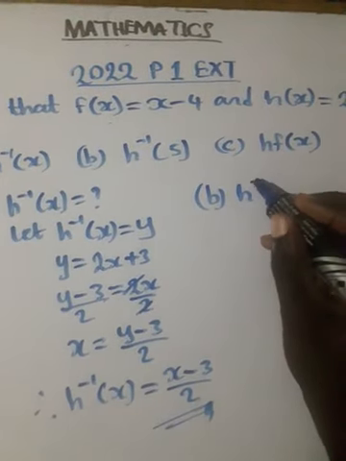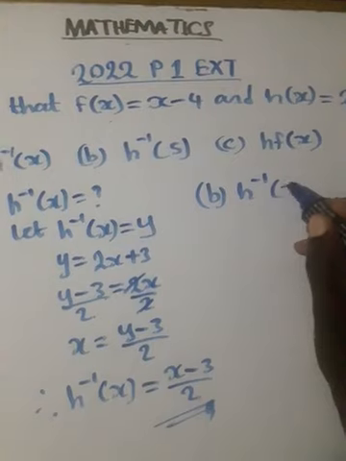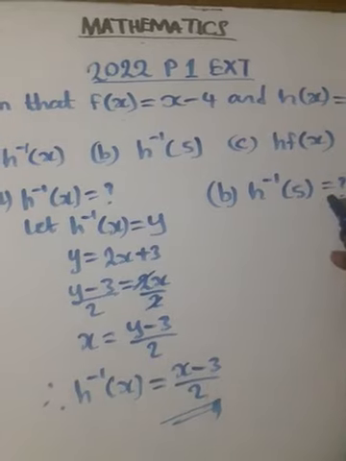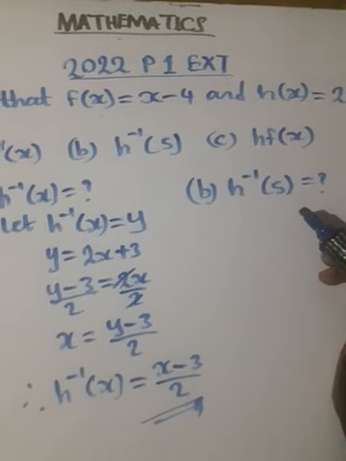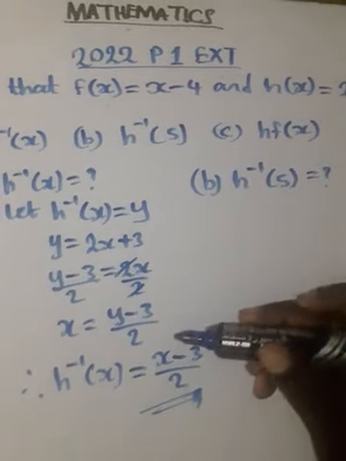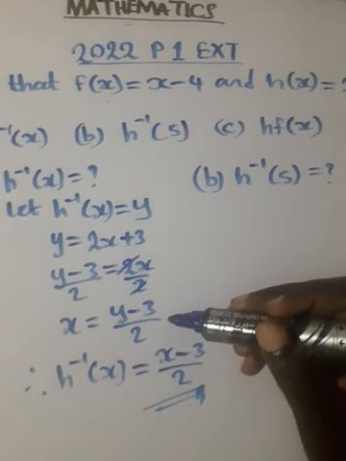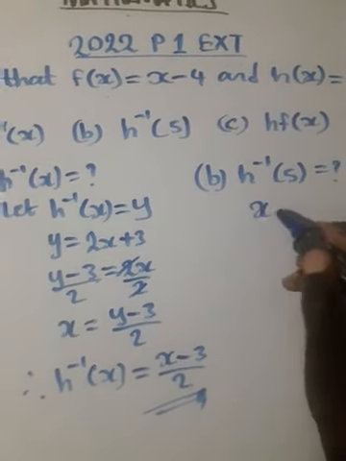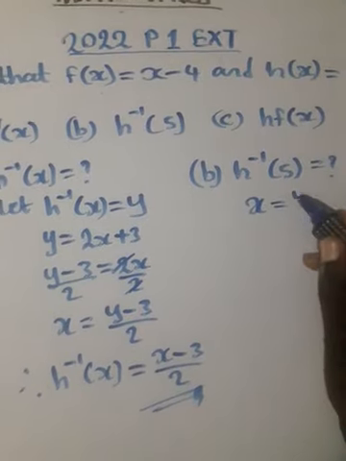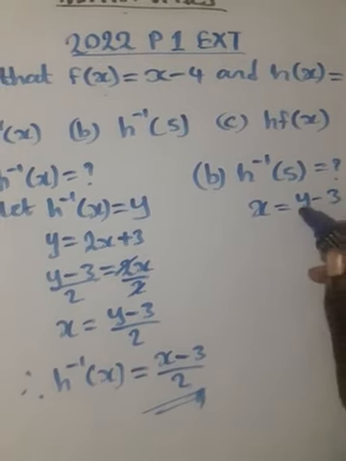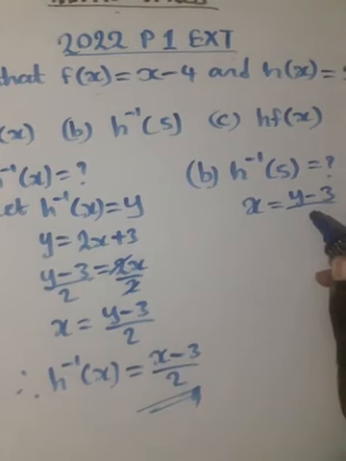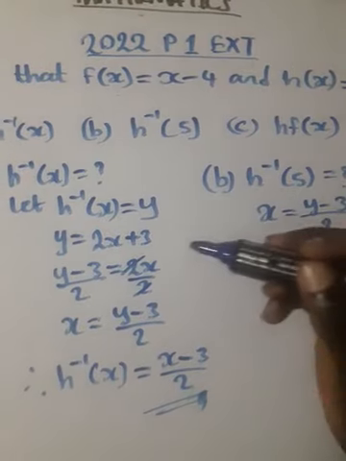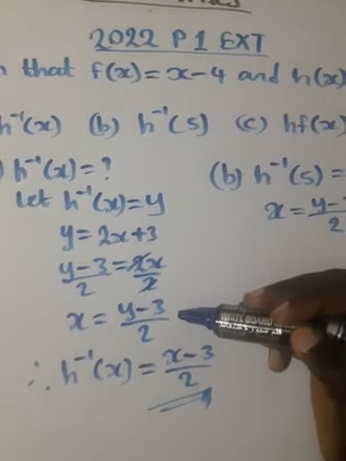H inverse of 5. So for h inverse of 5, for simplicity's sake, we are going to pick this stage, which is x equal to y minus 3 over 2, because we have to pass through the same procedure, making x the subject of the equation until you reach this stage.